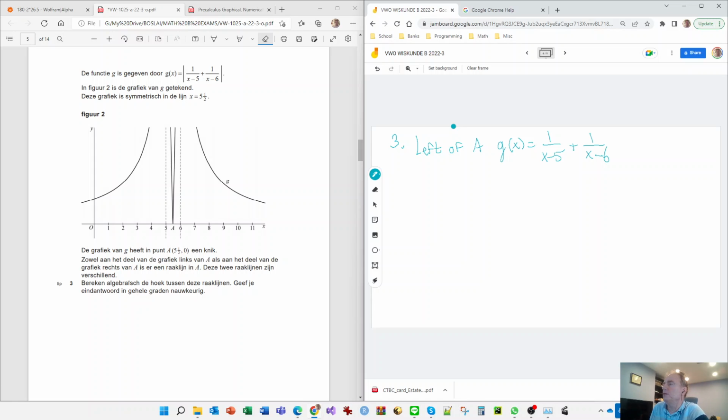And we don't know the derivative of this, we have to calculate it.